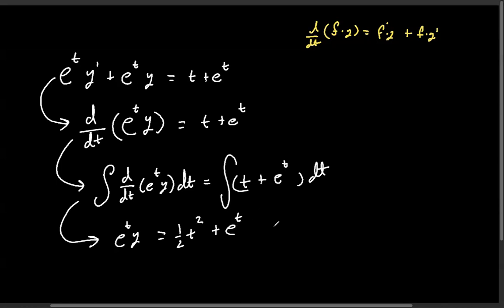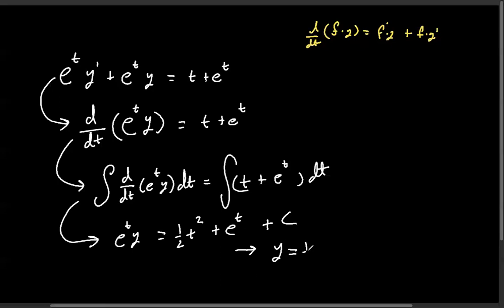Okay, that looks good, but you know what? We're going to get that constant of integration. That looks pretty good. We only have one y there, so at that point we're just about done. Let's see if we can just divide. If we divide everybody by e to the t, we're going to get our one y.